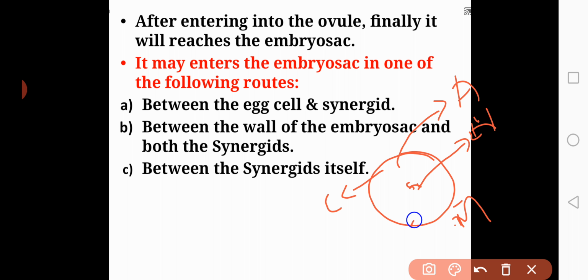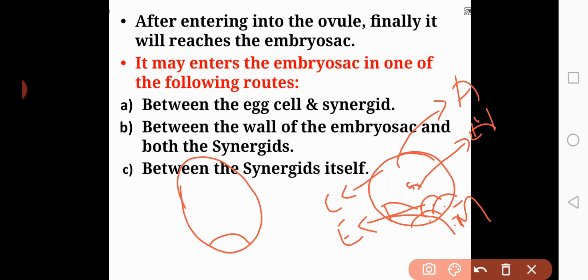Now at the micropylar end, it consists of three groups of cells. They are a single egg cell and two synergids. Clear? So now the pollen tube may enter the embryo sac either between the egg cell and the synergid. That means this way. These are the synergids and this is the egg cell.